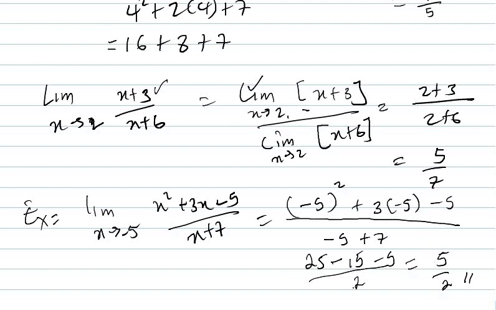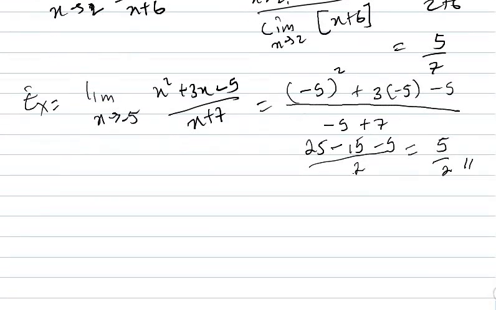If you have something like this, the limit as x approaches something, maybe c or 3 or 4, whatever is given. If it's c, say for x squared + 3x, you just substitute c instead of x.